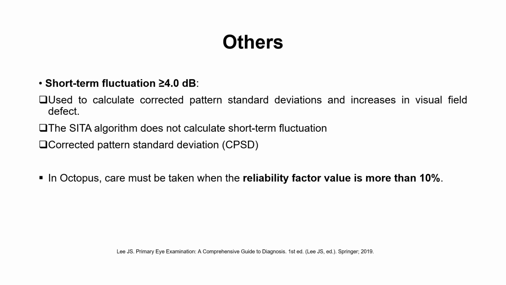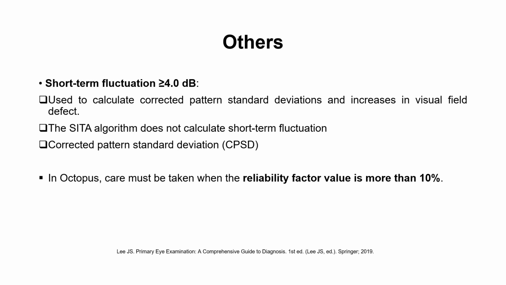So short-term fluctuation means that they retest 10 pre-selected points and then they calculate the difference between the original test and the retest threshold. So first they will select 10 points that the patient responded to. Then they will retest these 10 pre-selected points, and then calculate the difference between the original test and the retest threshold.